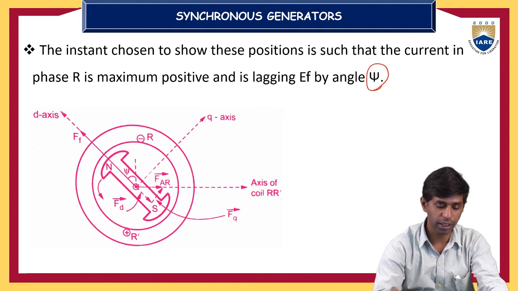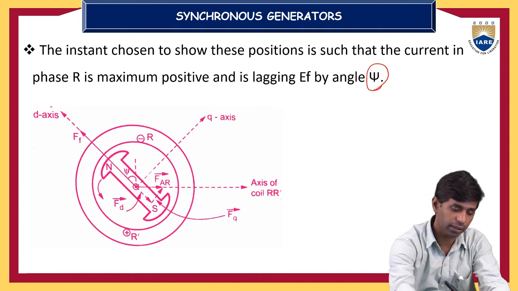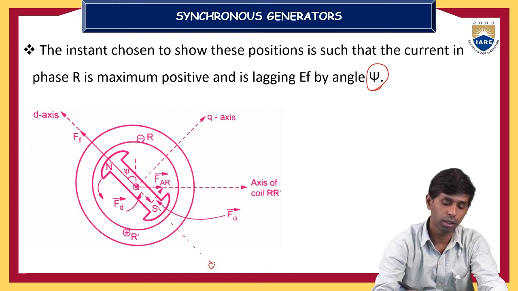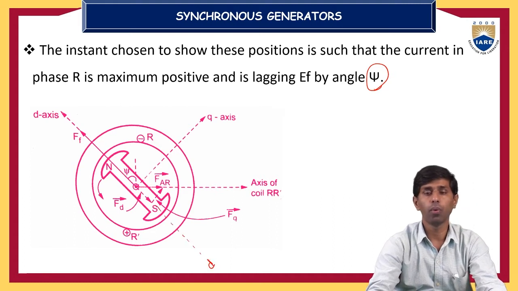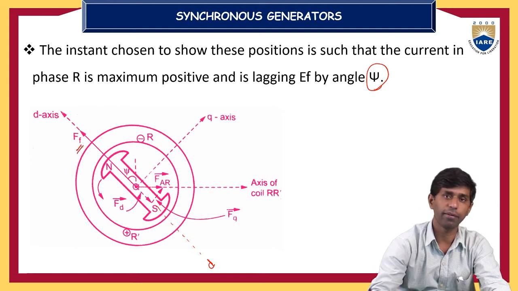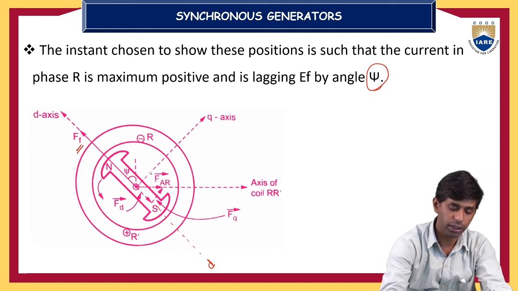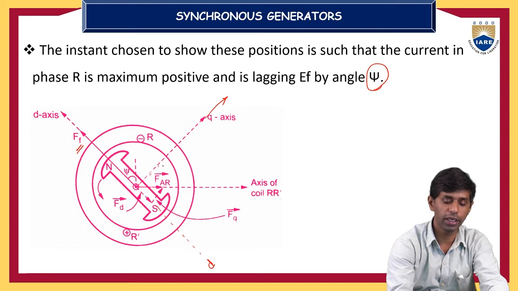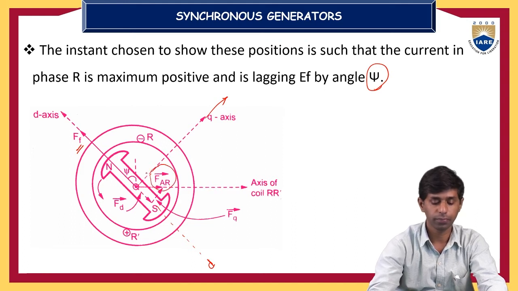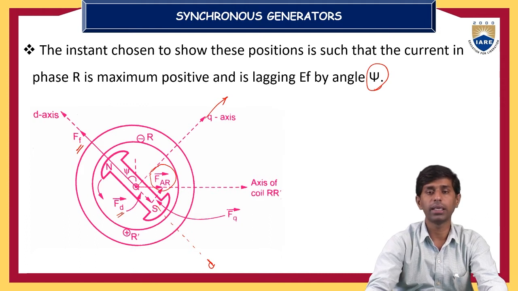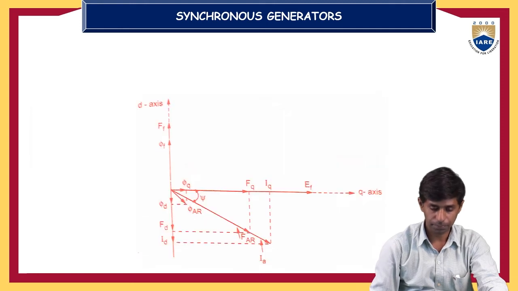Here in the picture, this is the direct axis, or D axis, along the pole phases, and the field MMF will be FF, and this is the quadrature axis, Q axis, with the armature MMF FAR, and this is FD along the D axis and FQ along the Q axis.